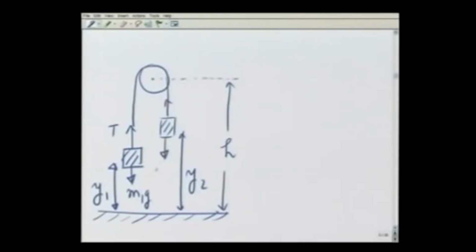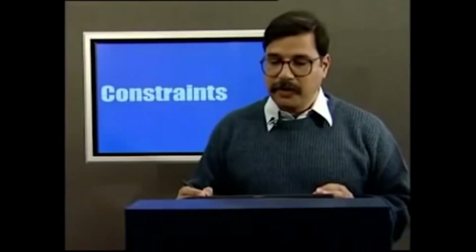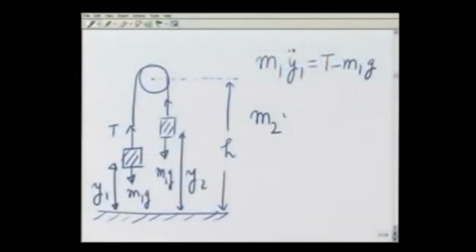And therefore I can write m1 y1 double dot is equal to T minus m1g. Notice that all the directions and everything is correct. I must take care of that because we are dealing with vector quantities, although I am writing this in one dimension. Similarly, m2 y2 double dot is going to be equal to T minus m2g.